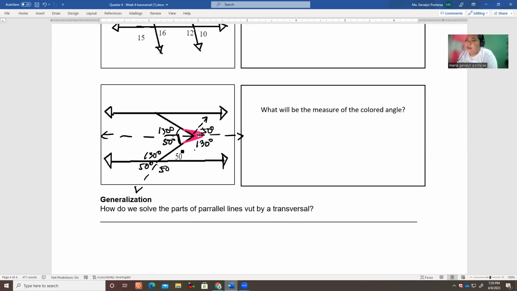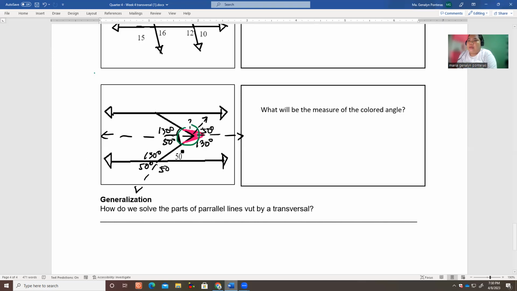When you arrive here, if this is 50, this will be 130. So what's the measure of the missing piece of this one? The sum of this one is 360.